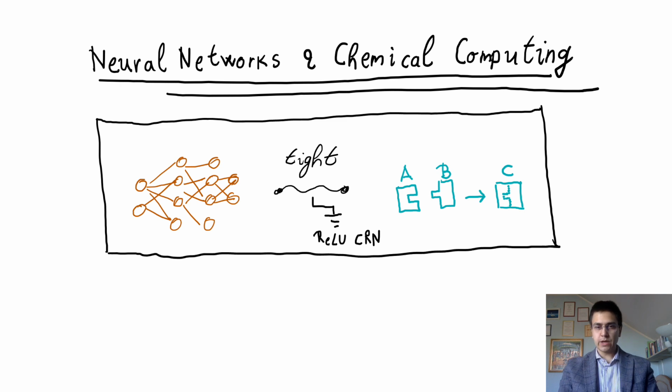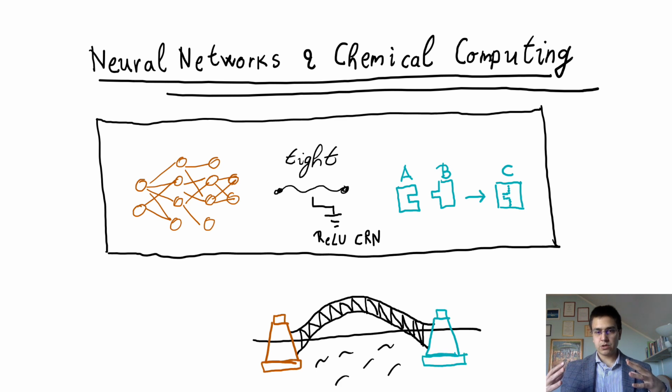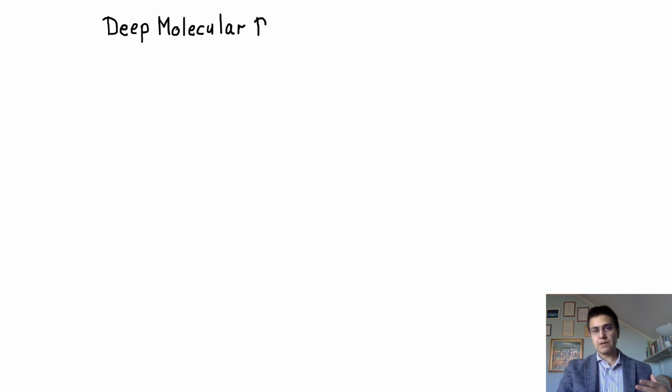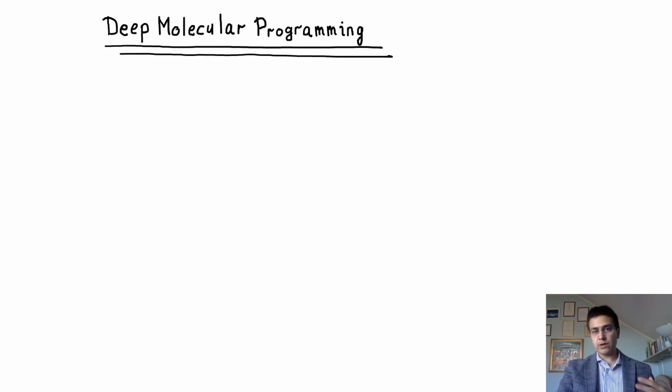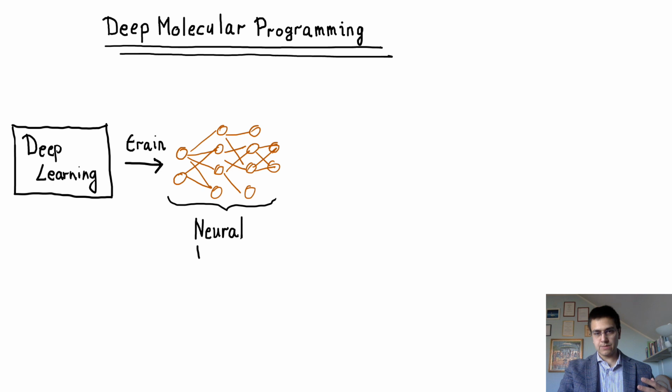So what does this connection bring to us? It builds a bridge between neural networks on one side and chemical reactions on the other side. How can we use this bridge? This bridge opens a path to deep molecular programming, where we can train a neural network using deep learning.